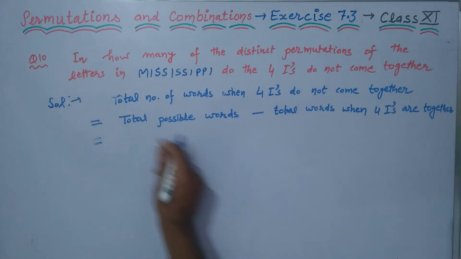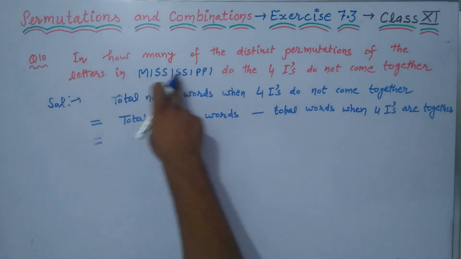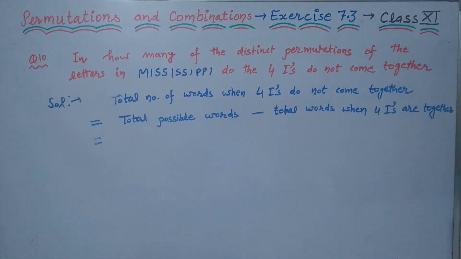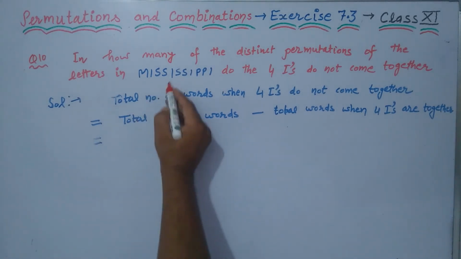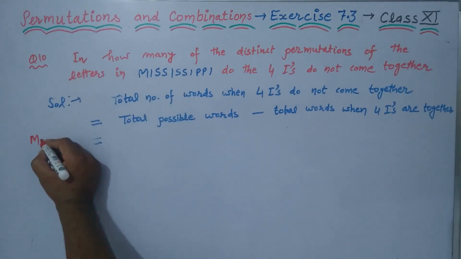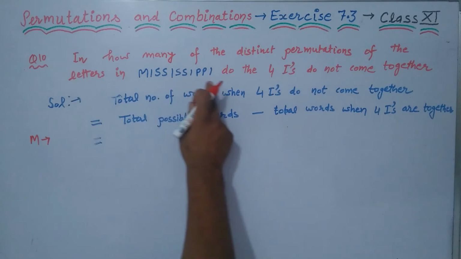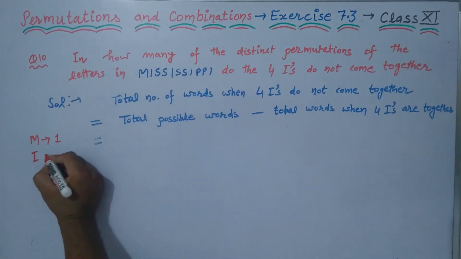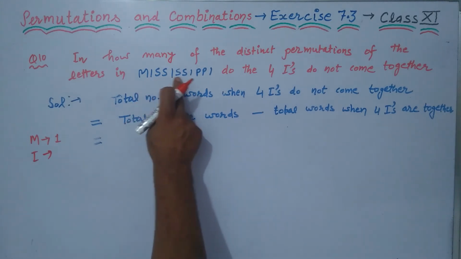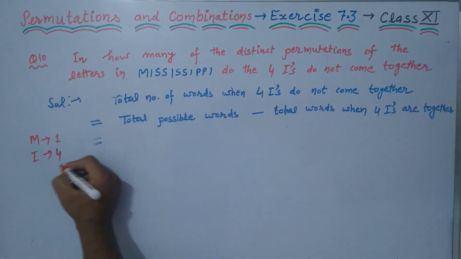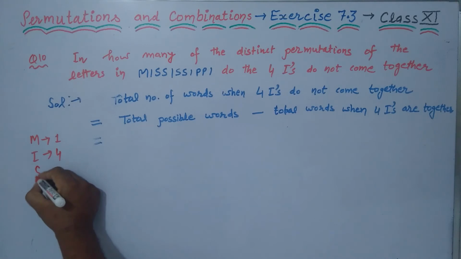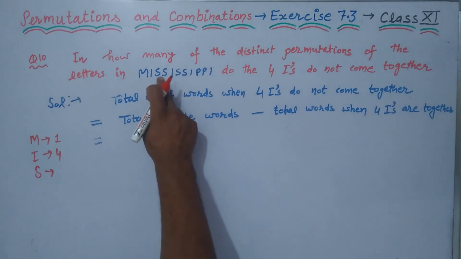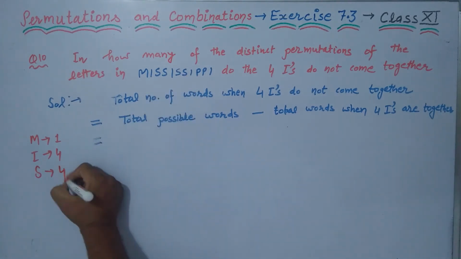So first of all, we count the number of letters. Here M repeats one time, I is repeated 1, 2, 3, 4 times, S is repeated 1, 2, 3, 4 times.